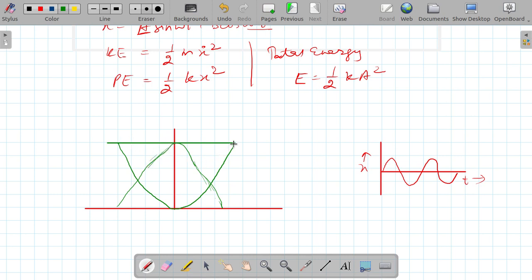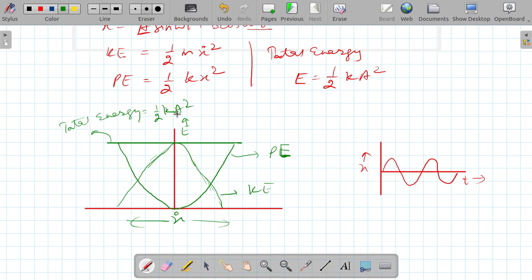They are parabolic in nature. So this is the total energy, and it is equal to half k a square, and here this is the potential energy and this is the kinetic energy, and here is x, the origin, right? And along the y-axis there is energy.